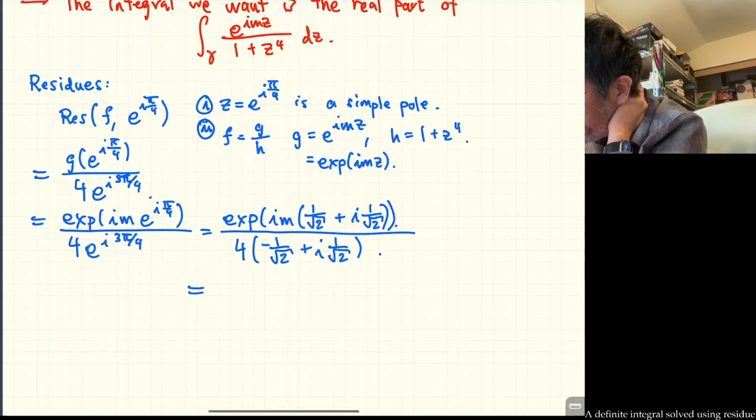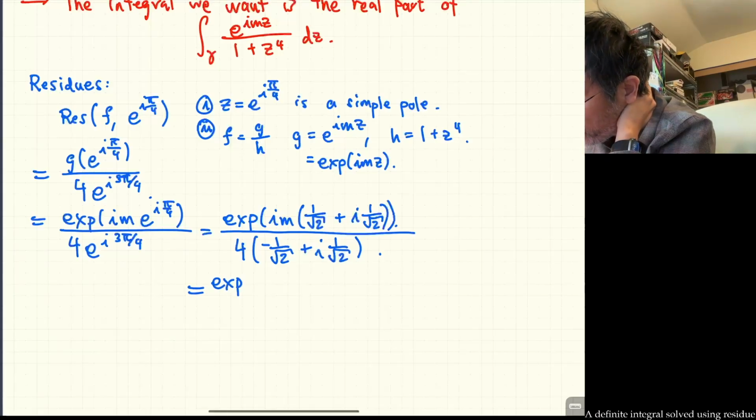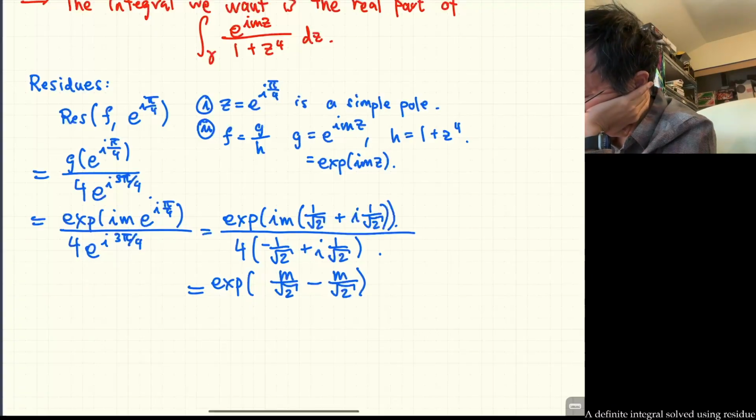And then this becomes exp of, I'm going to distribute the im in, so I get m over root 2, minus m over root 2, this is times i, of course.